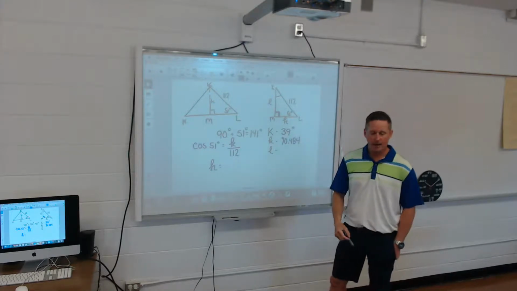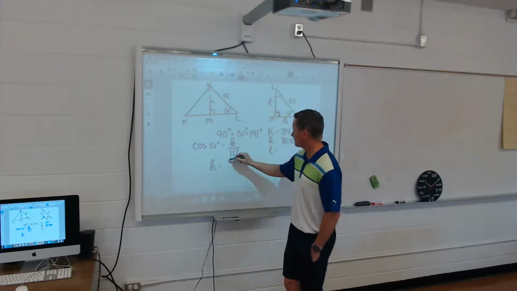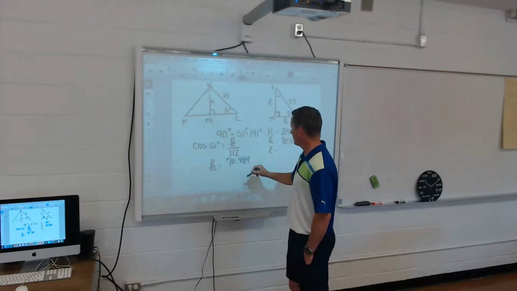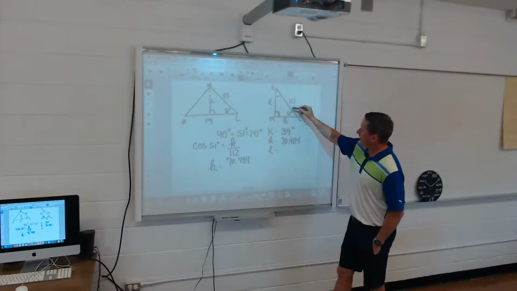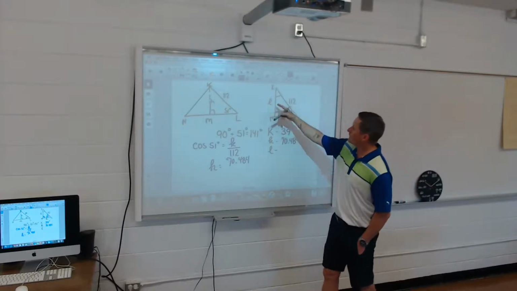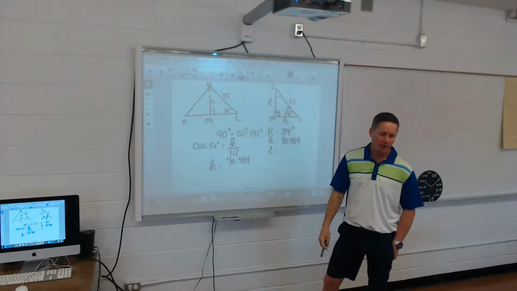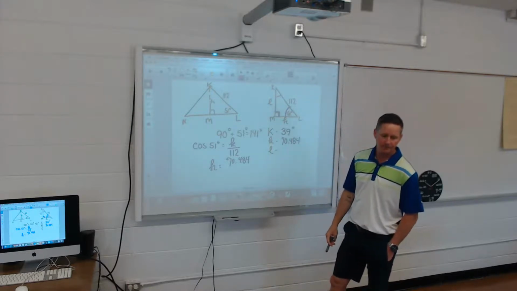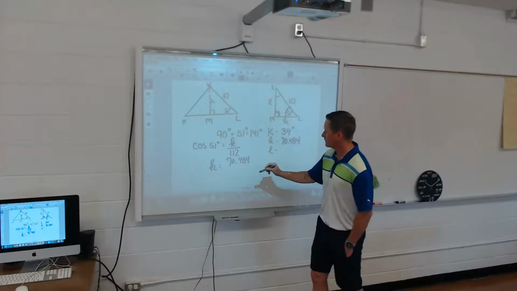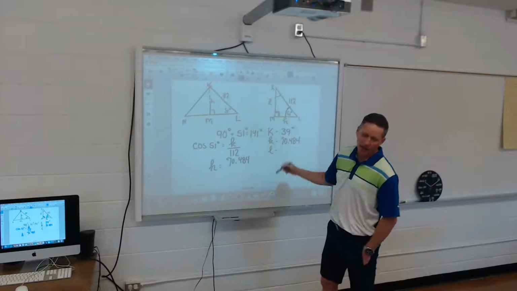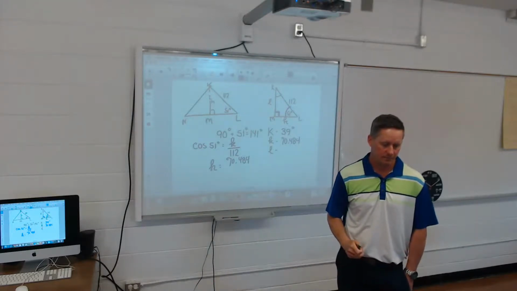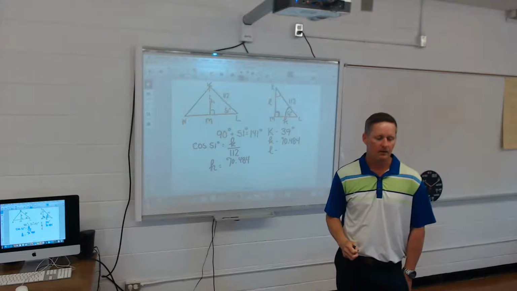All right, I'm going to do this again. I'm looking at angle 51 right here. Okay, where is L in relation to 51? Opposite. Okay, great. So we know it's opposite. Where is 112 in relation to 51? Adjacent or hypotenuse.